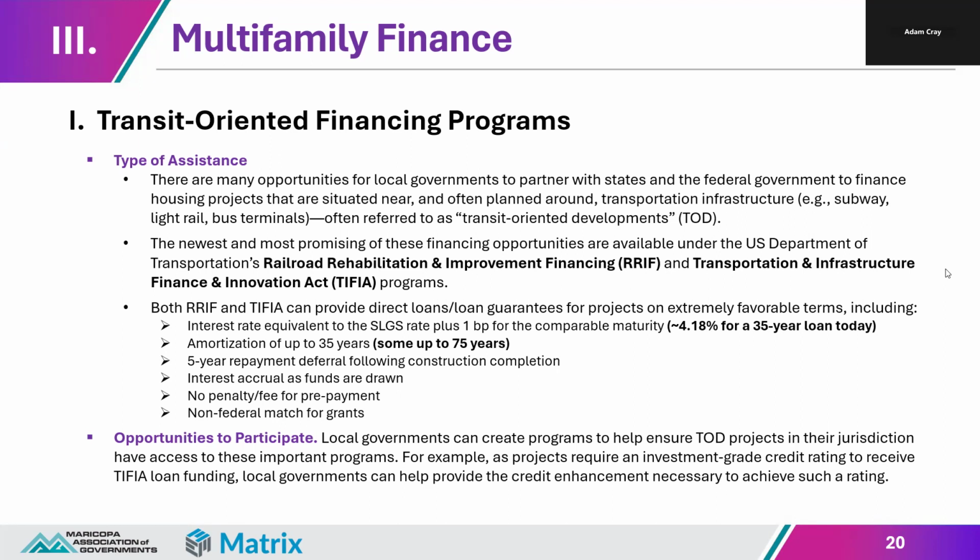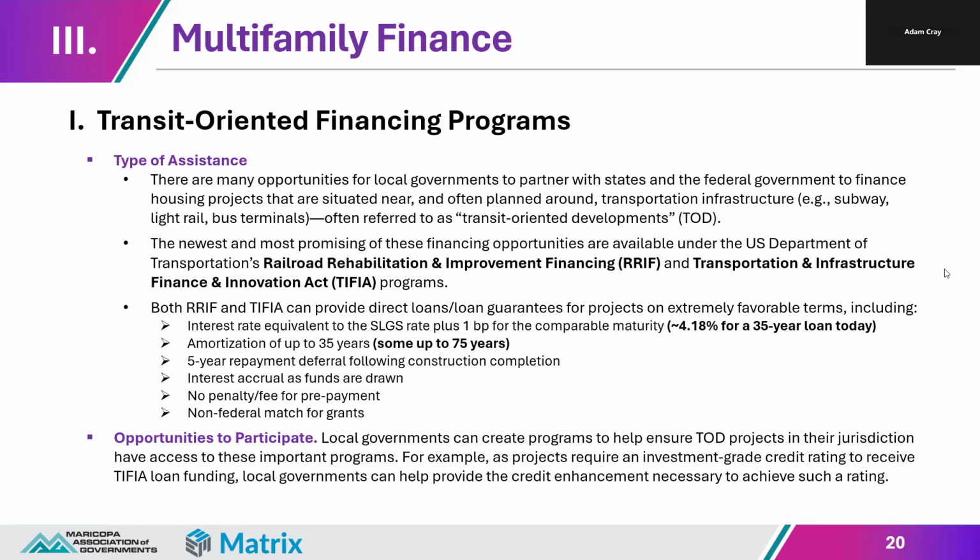These loans and loan guarantees also have amortization of up to 35 years, some 75 years, depending on some special requirements. 5-year repayment deferral, no prepayment penalties, all sorts of really beneficial terms come out of both RRIF and TIFIA. And so really the opportunity for local governments is to work with developers to help them access these funds.